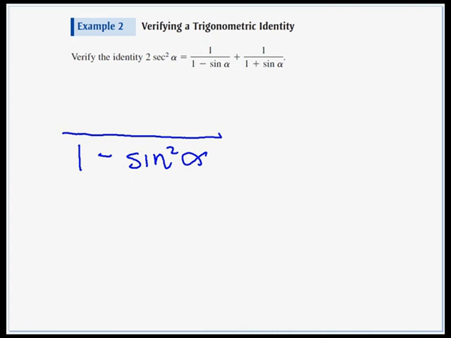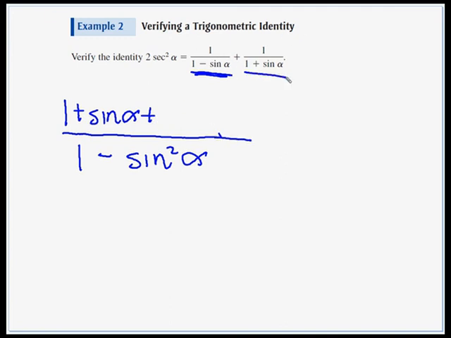What would our new numerators be? Well, we multiplied this denominator by 1 plus sine alpha, so I have to multiply this numerator by the same 1 plus sine alpha. And I'm going to add to that. Careful, if that was a minus, we'd want to put this in parentheses because we would have to distribute that minus. But since it is a plus, we don't really have to worry about that.